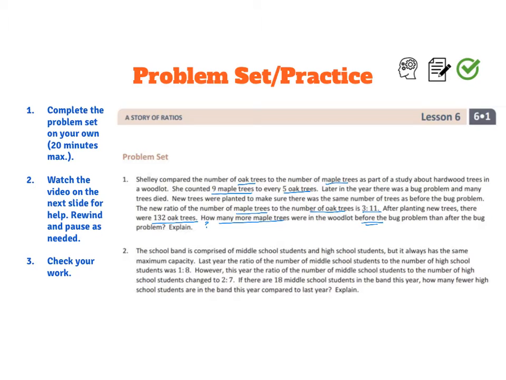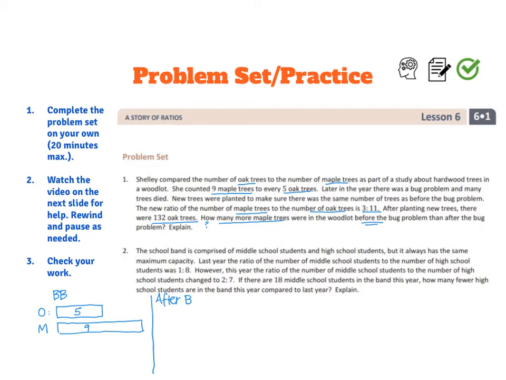This is before the bugs, and it said 5 oak, and then we also have maple, and that maple was 9. Now after the bugs, they replanted.